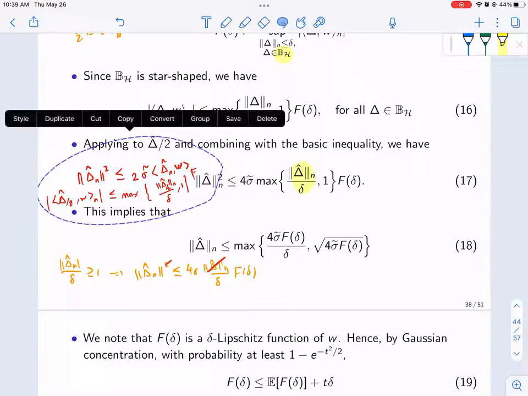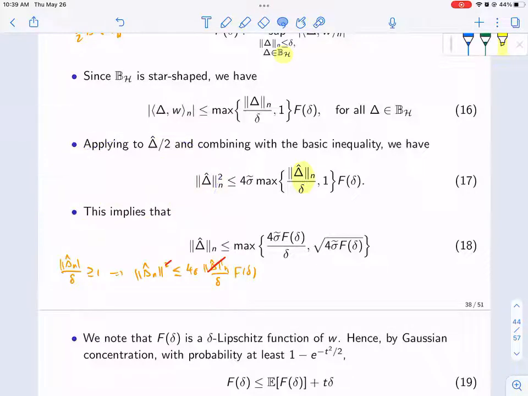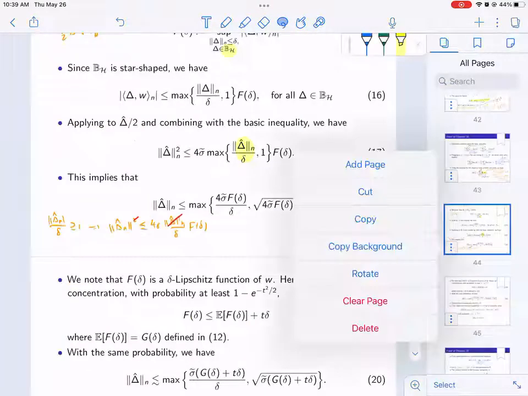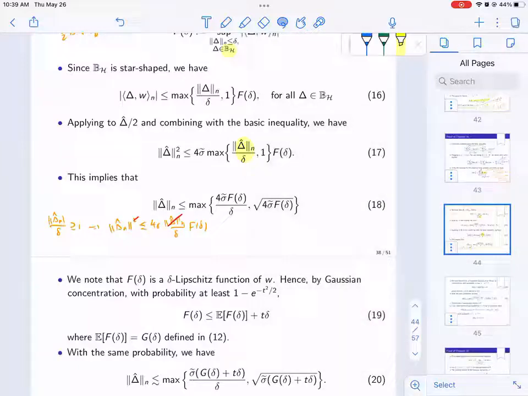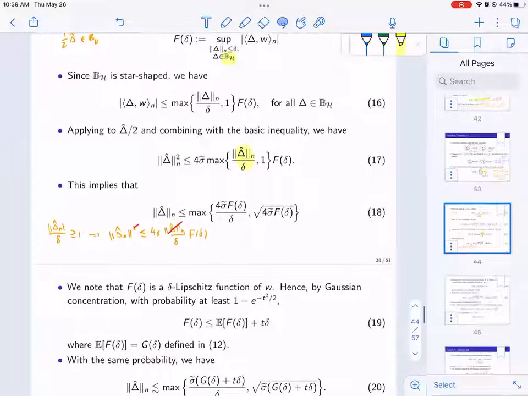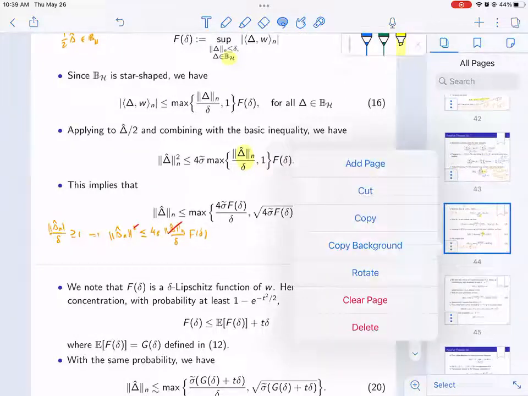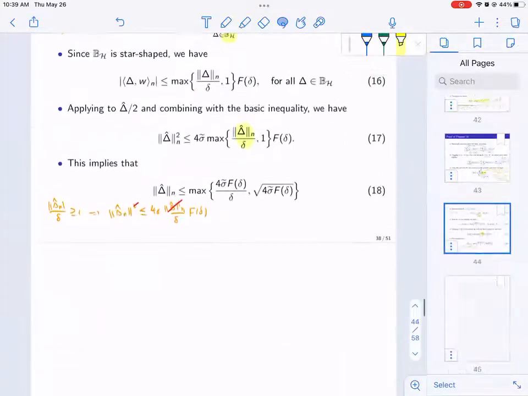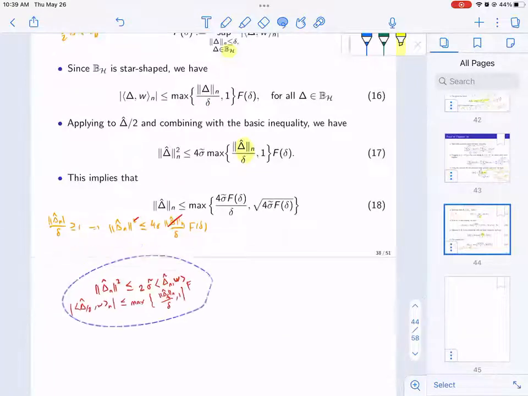I should probably do this somewhere else. It seems like the constants are off a little bit. Okay, what I'm doing is this is the basic inequality.